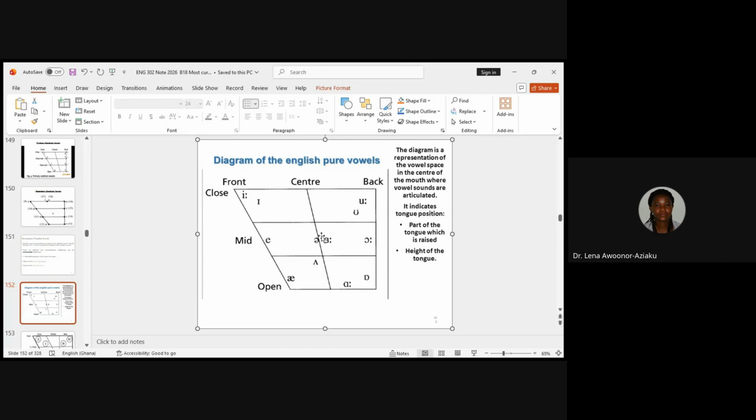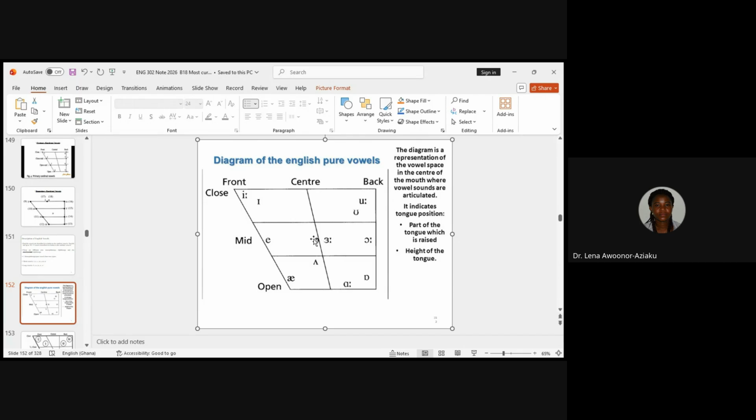Then why did we use two different symbols for them? You could have just taken this one out, but they are different in terms of stress. This is a full vowel. It is never seen in an unstressed environment. It is always stressed. The other one is not stressed.